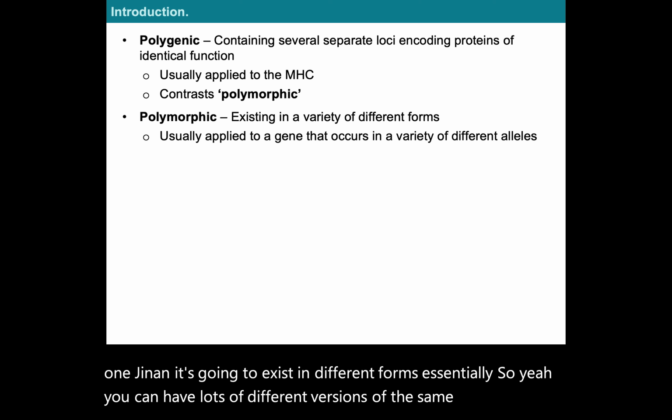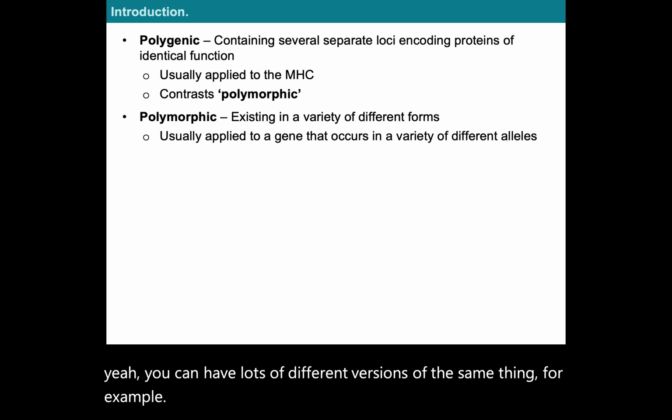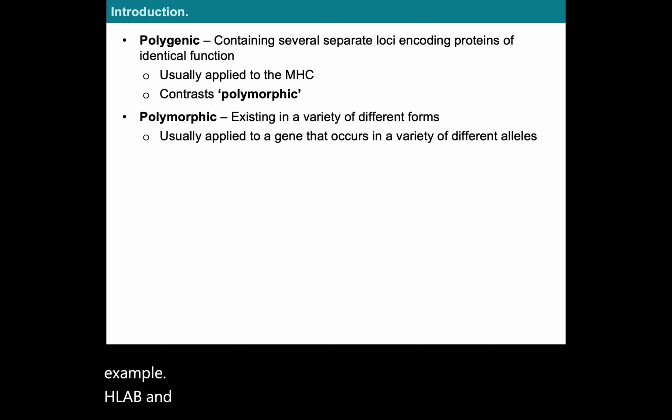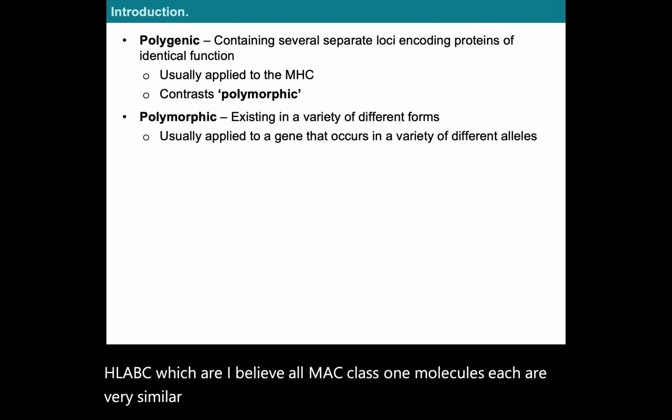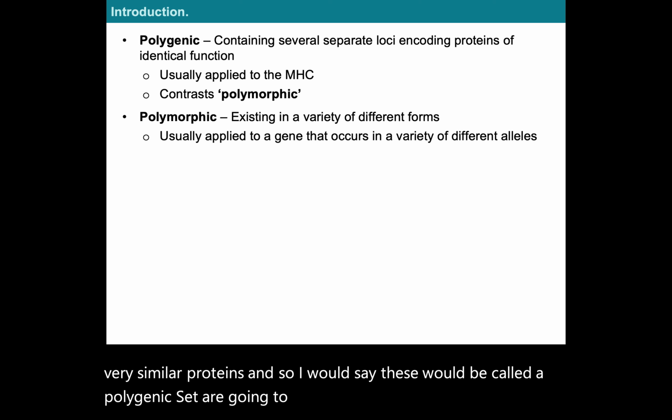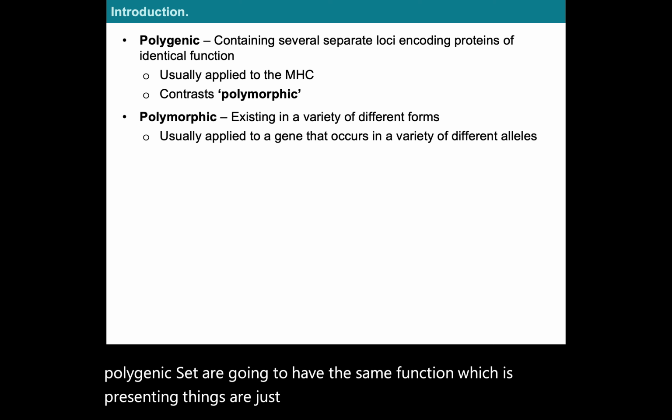For example, HLA A, B, and C, which are, I believe, all MHC class 1 molecules, each are very similar proteins. And so I would say these would be called a polygenic set. They're going to have the same function, which is presenting things. They're just going to exist in a slight variant, basically.